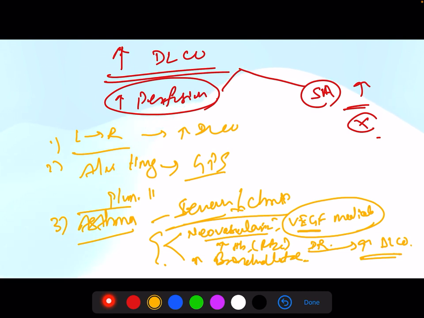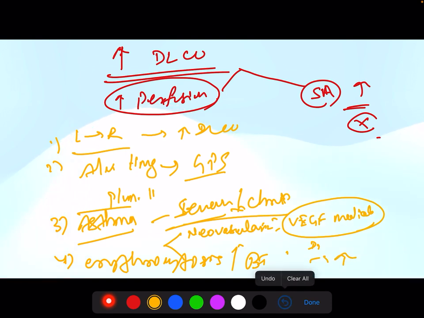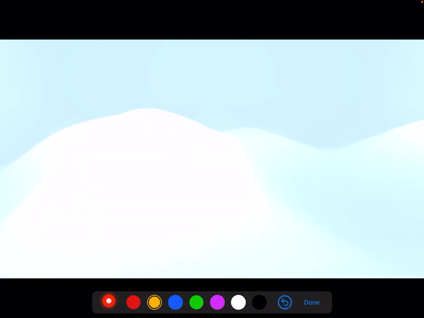Okay, so also in patients with blood transfusion or erythrocytosis, can have a rise in DLCO. So the conditions in which we can get normal DLCO, right?